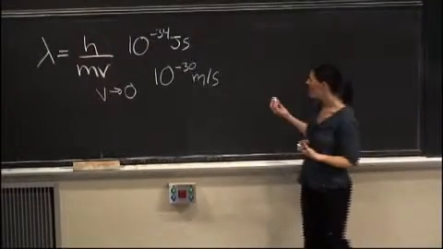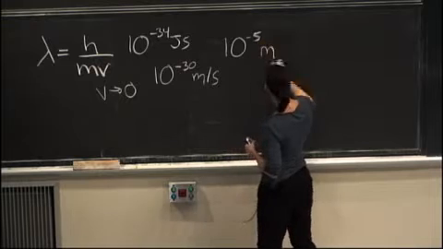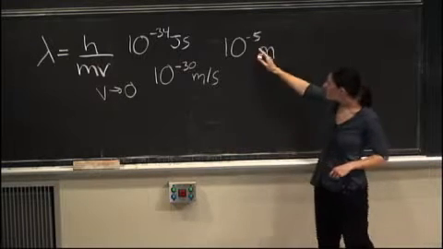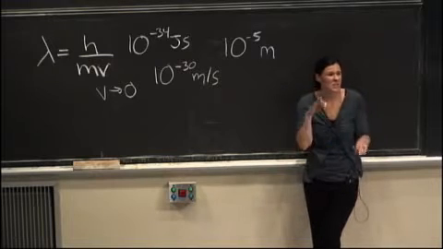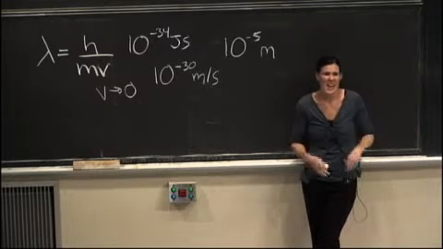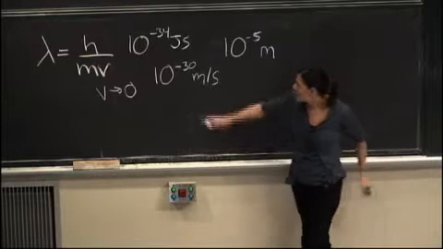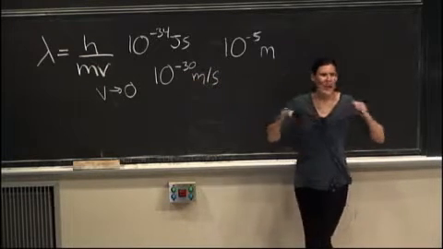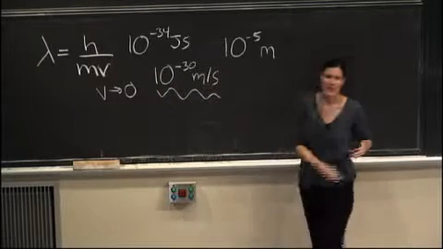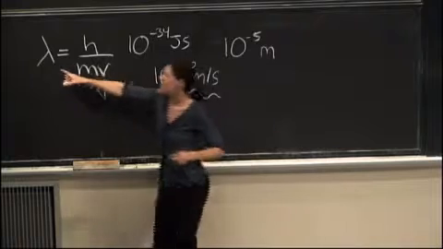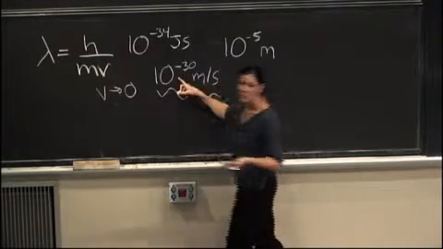Let's say the wavelength of light is on the order of 10 to the negative 5 meters. We're only going to be able to measure the velocity to a certain degree because of the uncertainty principle. And it turns out the uncertainty is 3 orders of magnitude bigger than the velocity that we're trying to observe, so we could never see the wavelength, for example, of a baseball moving this slowly.